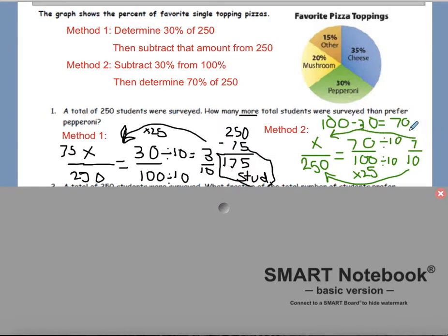Times 25. And we would get 175 students. And box our answer.